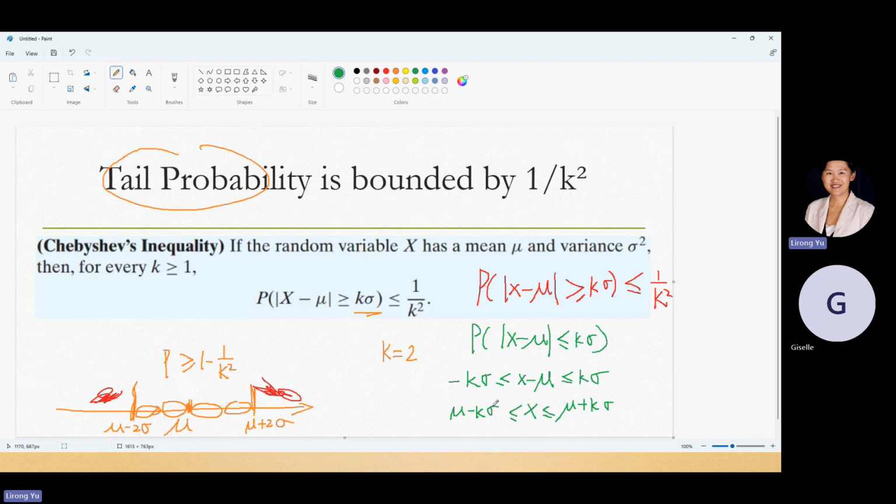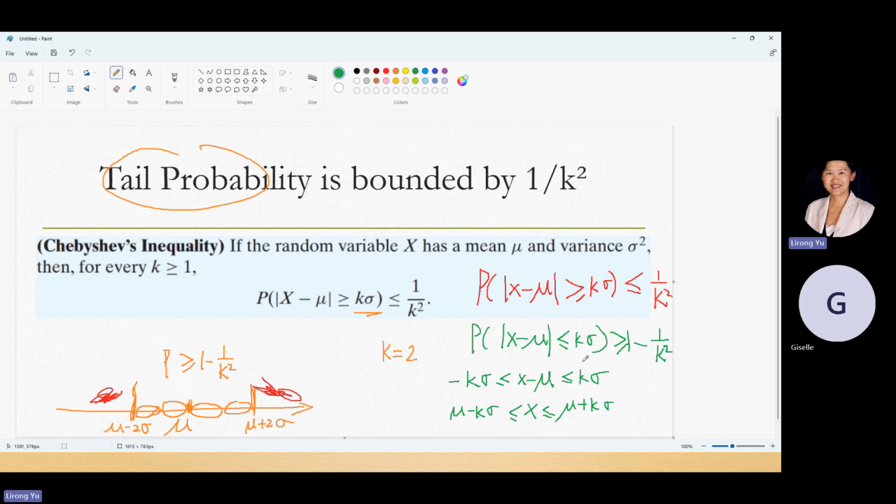So that is saying that this percentage is going to be small, smaller than 1 over k squared. You see that the red one and the green one actually mean the same thing. They're opposite. X minus mu bigger than k standard deviation means x and mu are further apart, because x minus mu is so big that x must be away from mu.